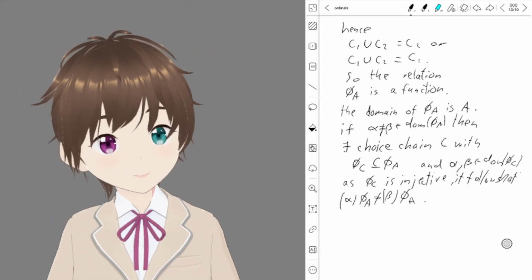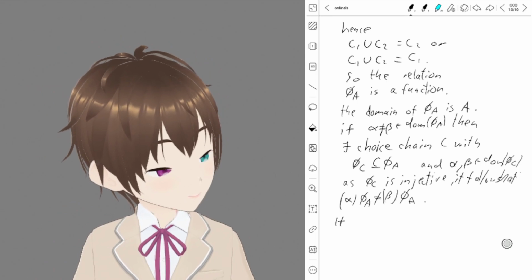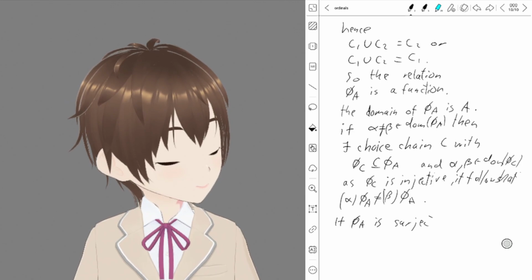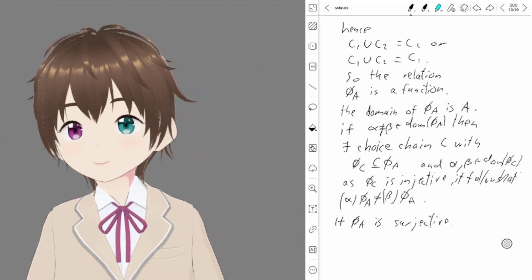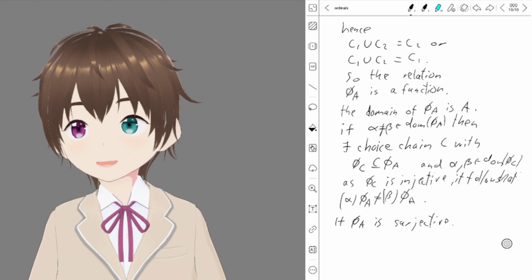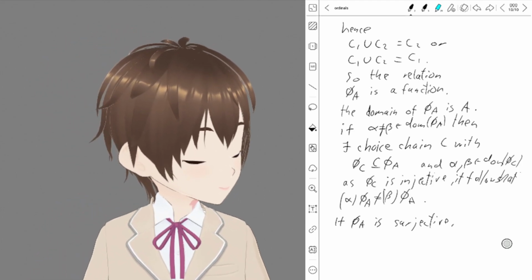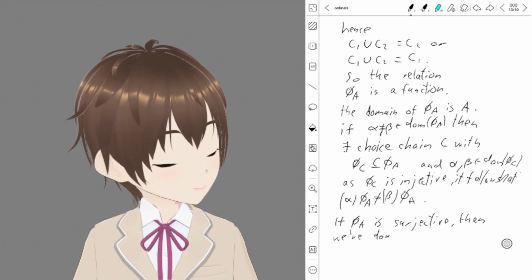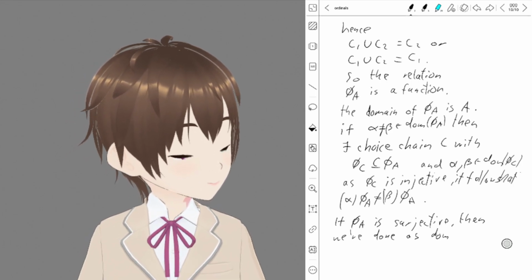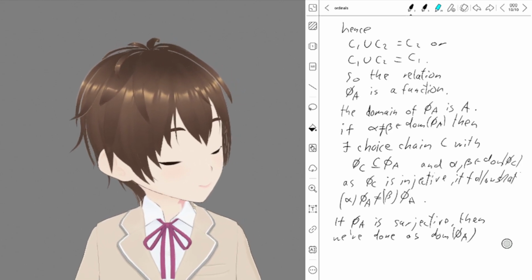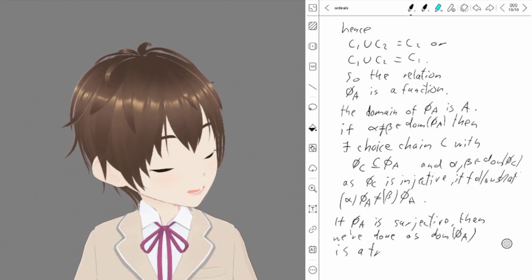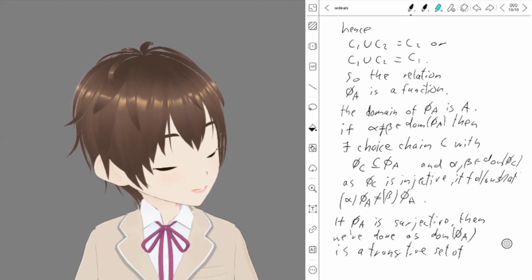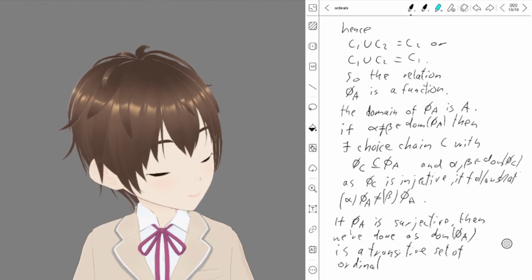So this is injective. Is it surjective? So if phi A is surjective, then we're done, because the domain of phi A is a transitive set of ordinals, and such a set is thus an ordinal.